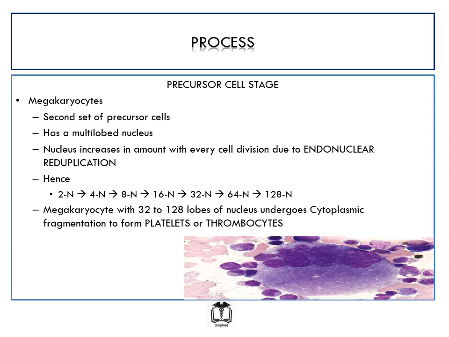What we notice is that megakaryocytes have a multi-lobed nucleus, in contrast to the megakaryoblast that has a single nucleus. And how that multi-lobed nucleus is gotten is through the endomitotic cell cycle. The nucleus increases in amount with every cell division, and this is due to a process we call endonuclear reduplication. This is practically the same thing I'm talking about in relation to the absence of telophase.